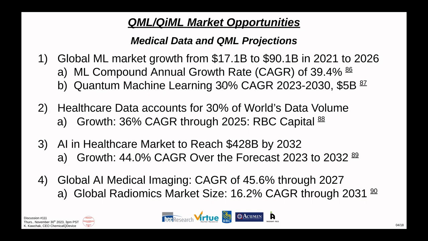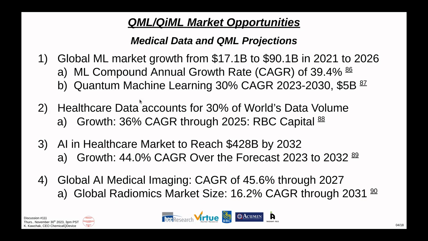Now for quantum machine learning, and there will probably be more and more of these based on Sandbox AQ, Classiq, TerraQuantum and BASF, it's a 30% compound annual growth rate by the end of the decade to be $5 billion. And then you see healthcare data accounts for 30% of the world's data volume at a 36% compound annual growth rate. AI in healthcare is going huge at $428 billion. So we'll see what part of the pie QML/QiML will take with this.